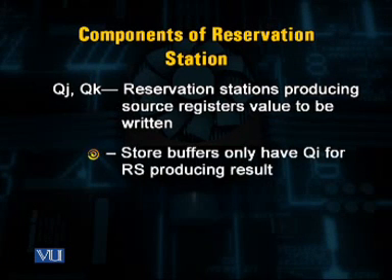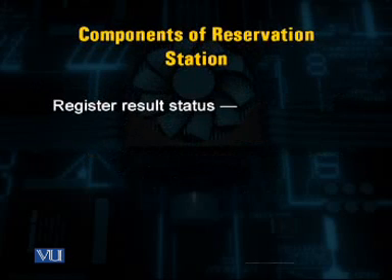Furthermore, the store buffer only has Qi for the reservation station producing the result. The other component of the reservation station is the register result status. It indicates which functional unit will write each register if one exists. Blank when no pending instruction that will write that register.